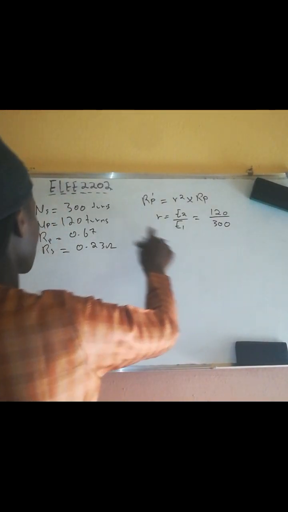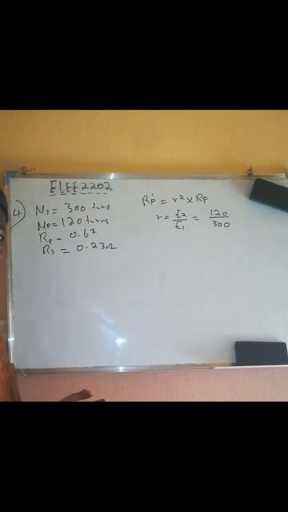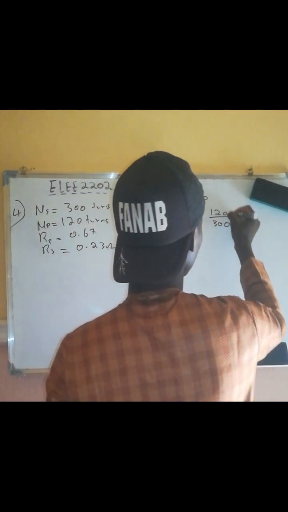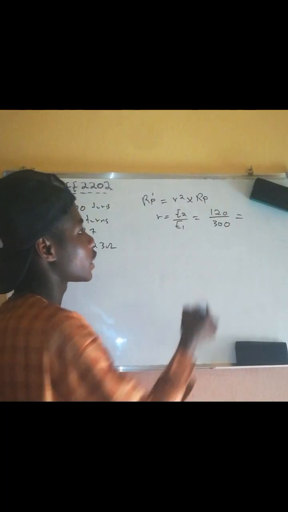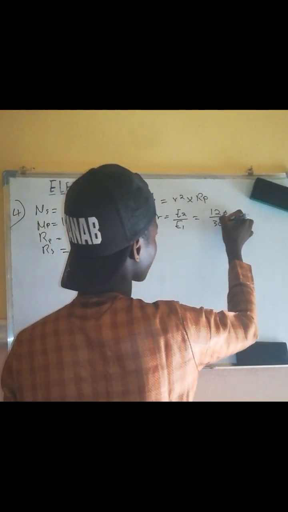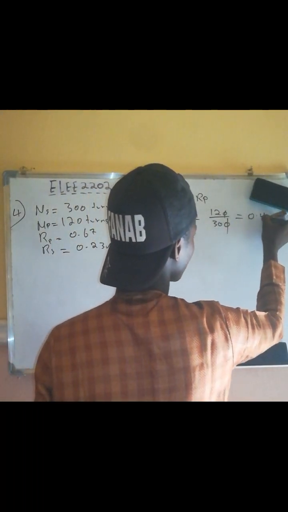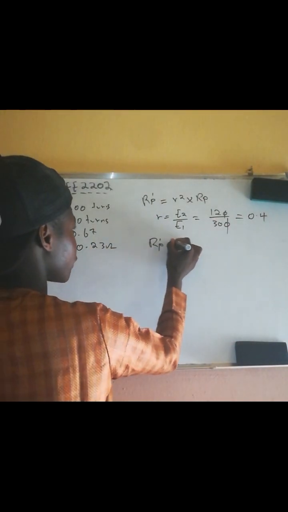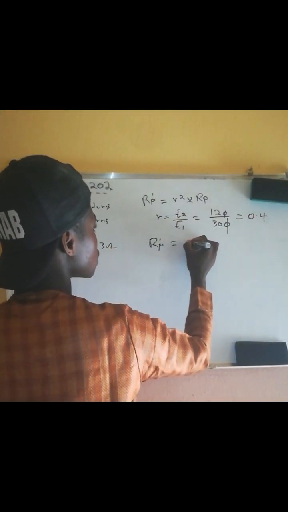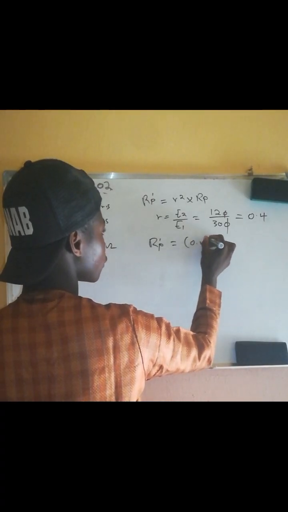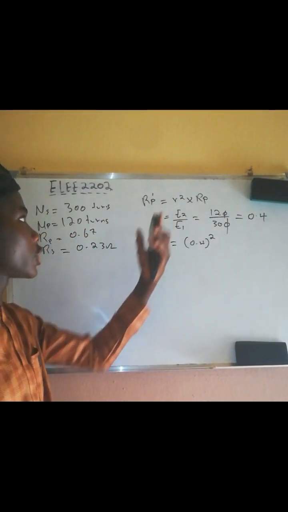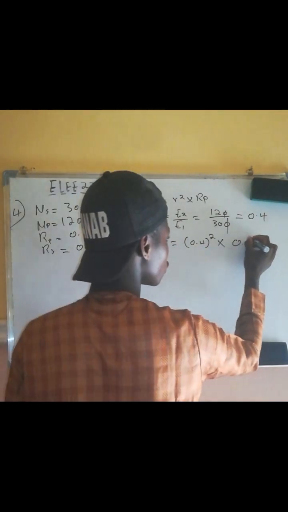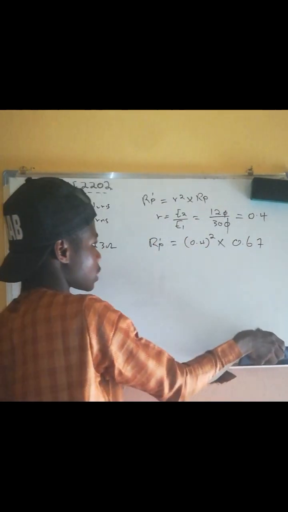E2 over E1. The NS secondary is E1, and the primary is E2. So therefore 120 over 300, we are having a 0.4 ratio. So therefore we have Rp prime equal to 0.4 squared, if we use this relation, multiplied by Rp. The value of Rp is 0.67.